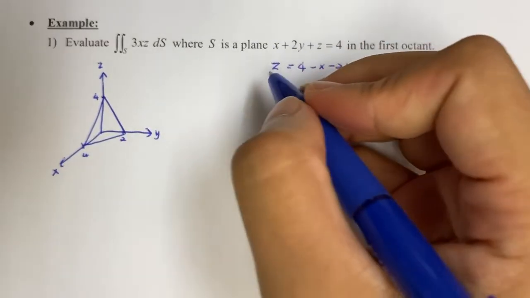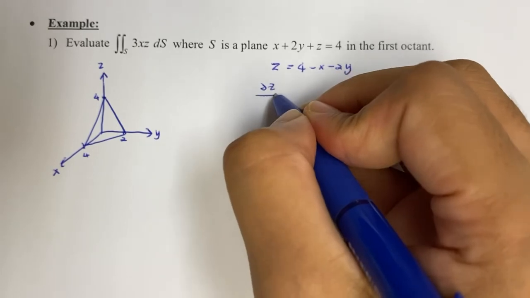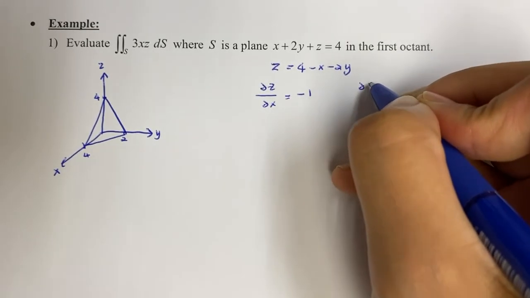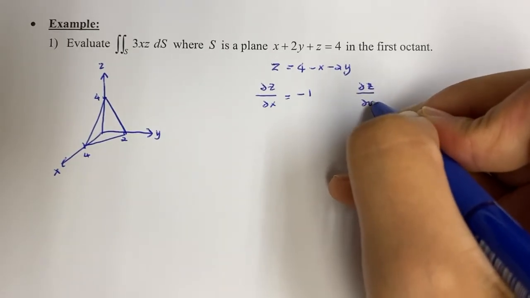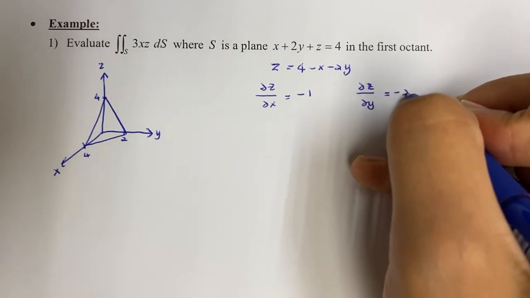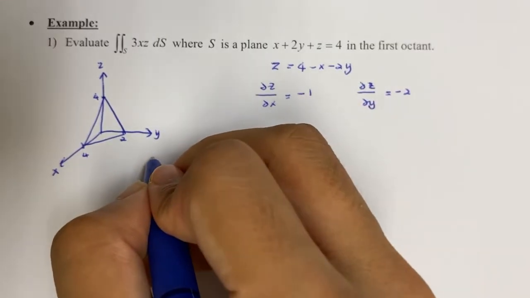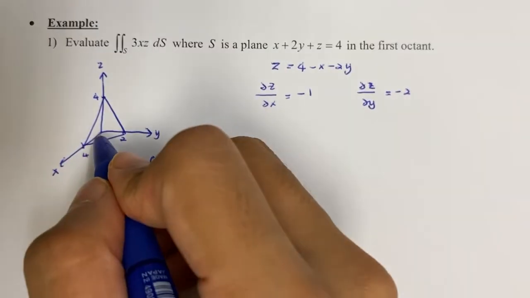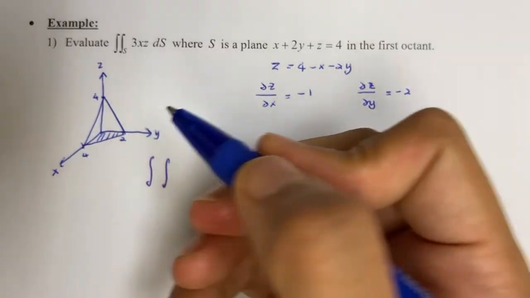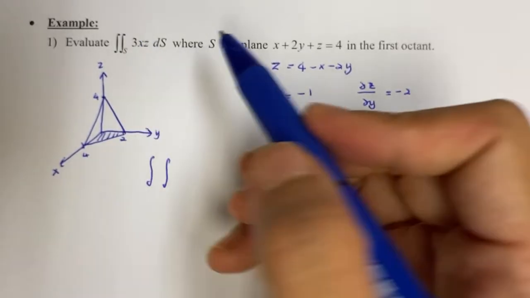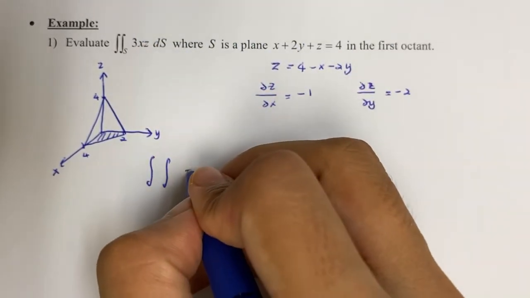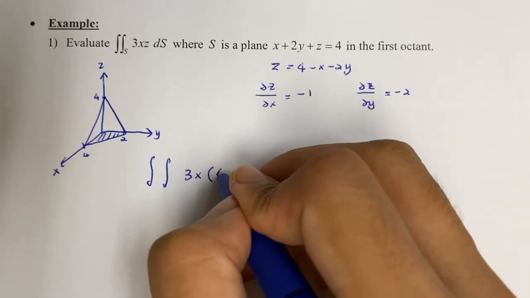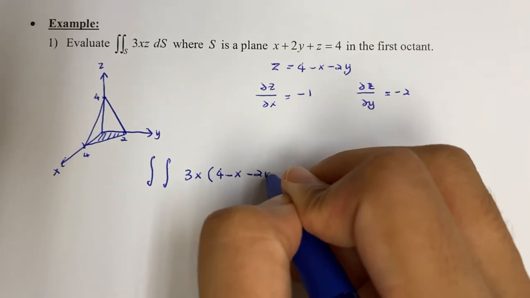And then from here, find del z over del x and del z over del y, because we need to use these in the formula. So del z over del y is negative 2. And then for the double integration, let's say this is our base. We have the double integration of 3xz. Substitute your z in terms of x and y, so 4 minus x minus 2y.